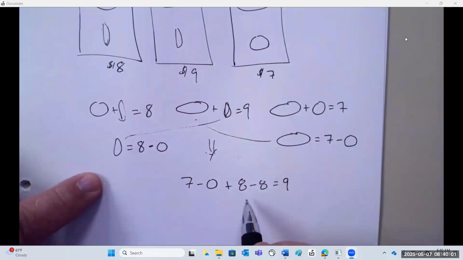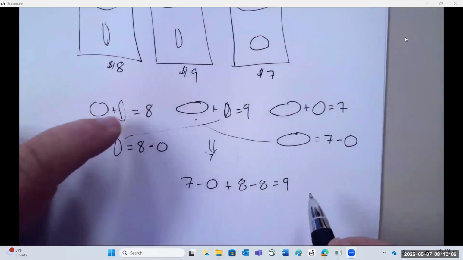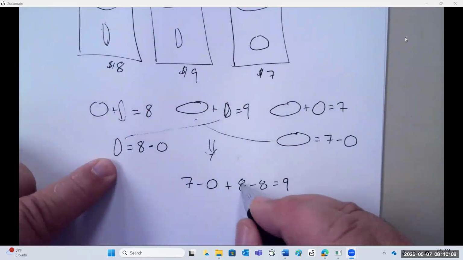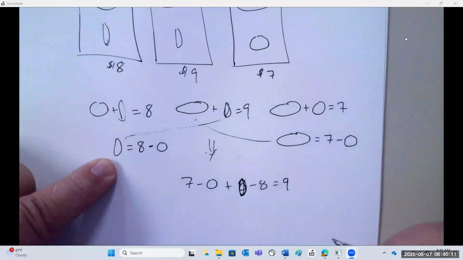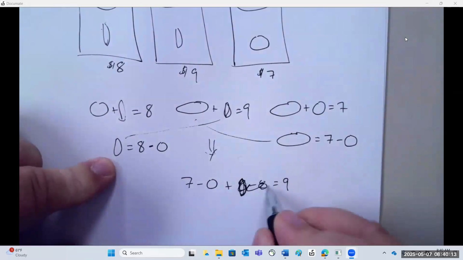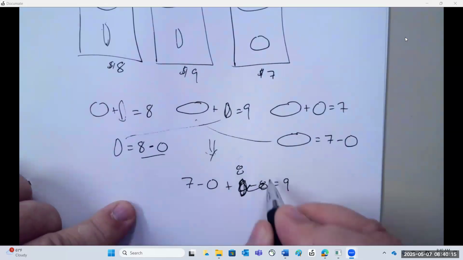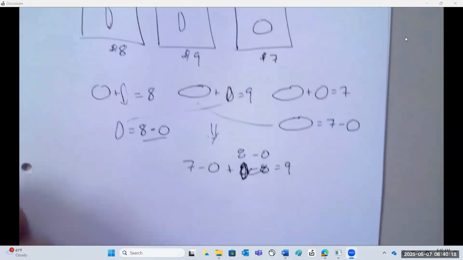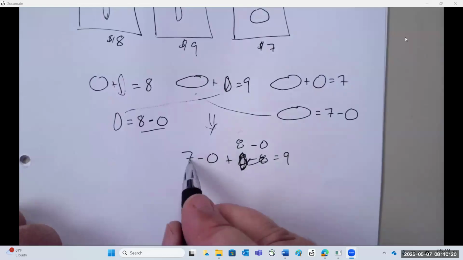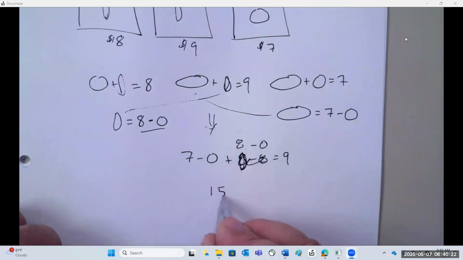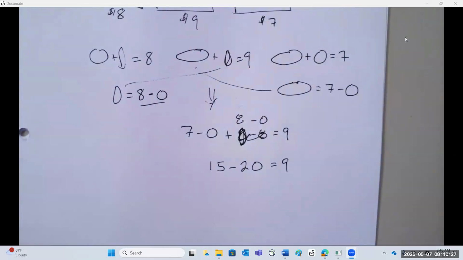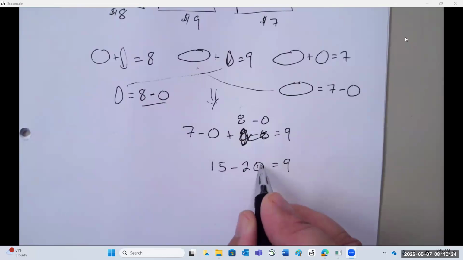No, it's 8 minus the circle. So we have 8 plus 7 is 15 minus 2 cantaloupes. So now I'm solving for the cantaloupe.